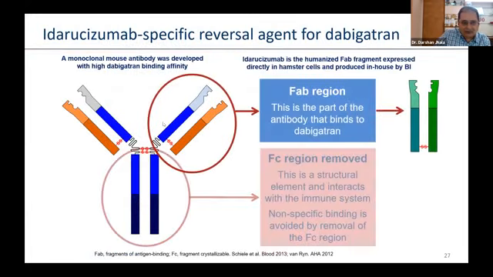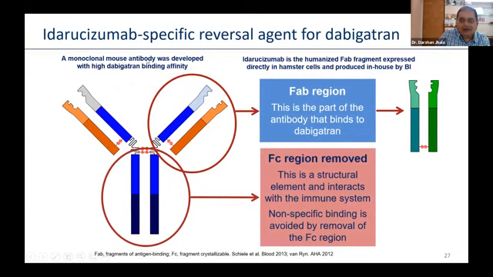So let's talk of this specific agent which is available to us in India. Basically this is a monoclonal mouse antibody. So it's a mAb, as the name suggests, idarucizumab. It's a mAb which has been directed at a particular region of dabigatran, and that is the Fab region. The Fc region has been removed. So it's a very small molecule.